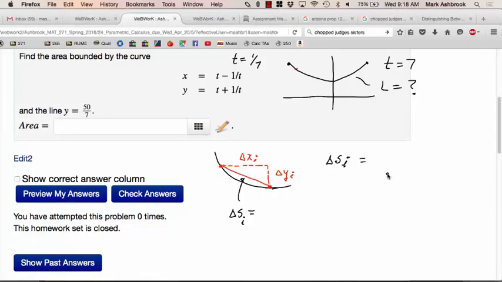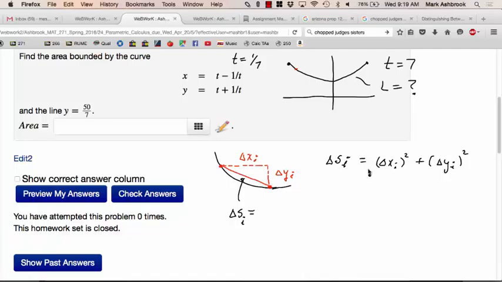How do we calculate that? Delta xi squared plus delta yi squared. Is that right? Is that delta Si? One more thing? Yeah, that would be delta Si squared, right?